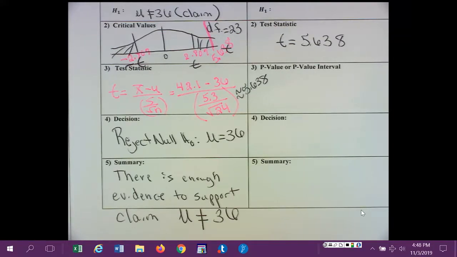Now, p-value interval time. We are going to have to go to row 23 again. Block it off. This time is when you look across the row and try to find the two values that bound your test statistic.